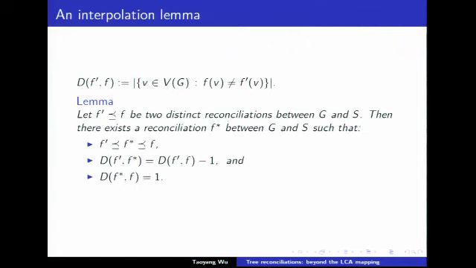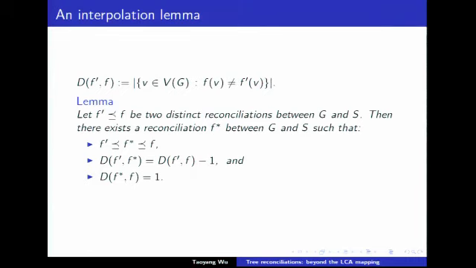To prove the monotonic result, one key observation is here. We can localize those vertices which are different. More precisely, we can define a distance between two mappings in a Hamming distance sort of way. It means the number of vertices in the gene tree which have different images in the species tree.